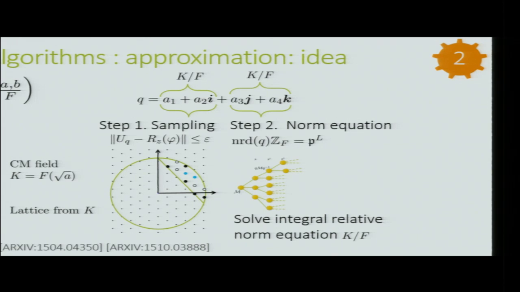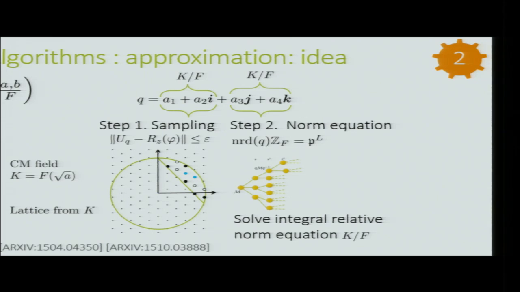Epsilon gives us this level, so roughly the width depends on epsilon, and the position on the circle depends on phi. This gives us a certain region, and for this condition to be satisfied we just need to take lattice points within this region. So we want to sample those points.